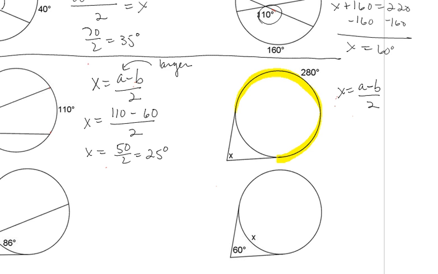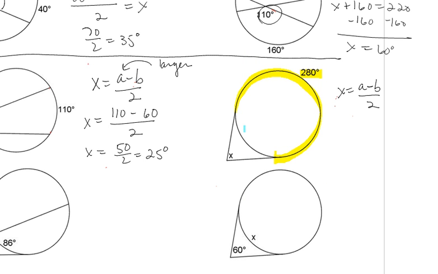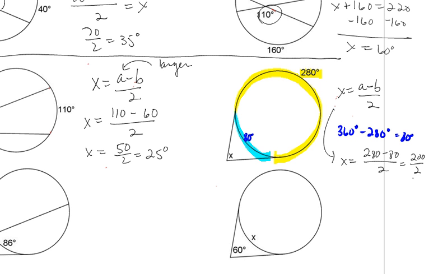So if this yellow arc is 280, then the smaller arc should be 360 minus 280, which of course is 80 degrees. So this is 80. And now we have everything we need to plug into the formula. X is going to be 280 minus 80 over 2, or 200 divided by 2, which of course is 100 degrees.